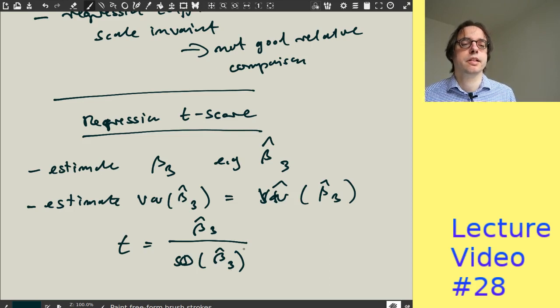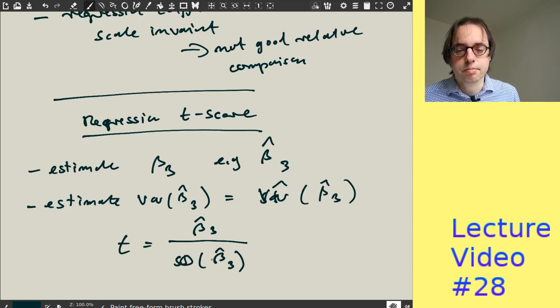So if you recall when we did the maximum likelihood estimation, the fitted regression coefficients have a distribution around the mean, and they're typically normally distributed, and we can use this distribution to test whether they're zero or not.